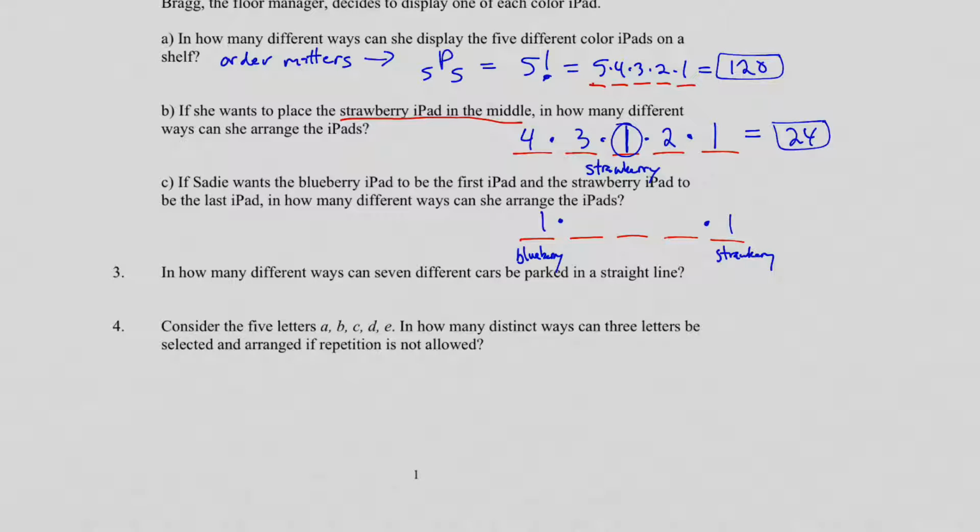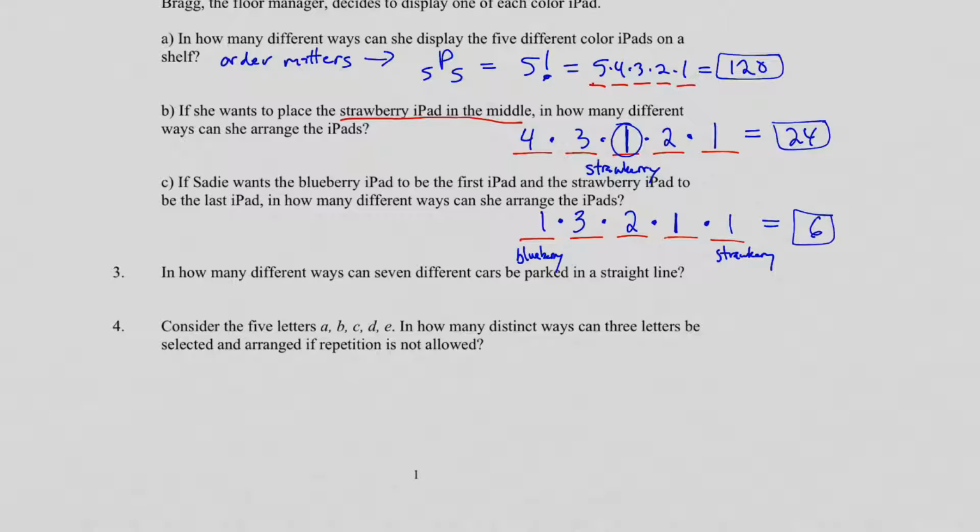The blueberry goes first, strawberry goes last. So she's used up 2 of her 5, which means she only has 3 left to choose from right there. In the middle she can choose from 2, and then over here she can only choose 1, whatever's last. So that's 6.